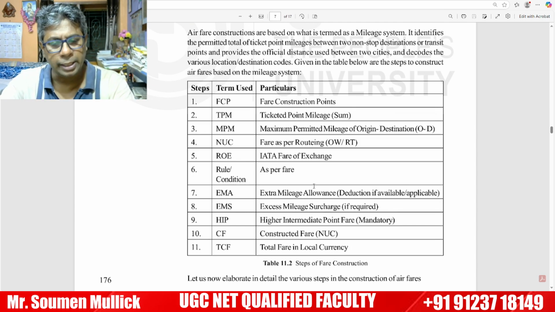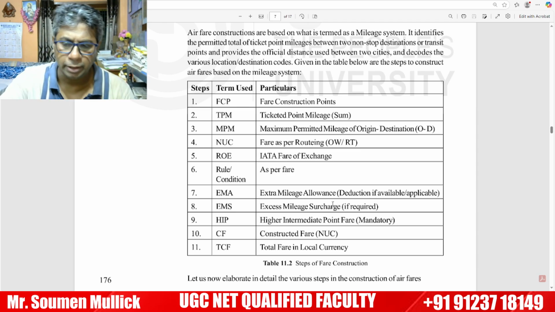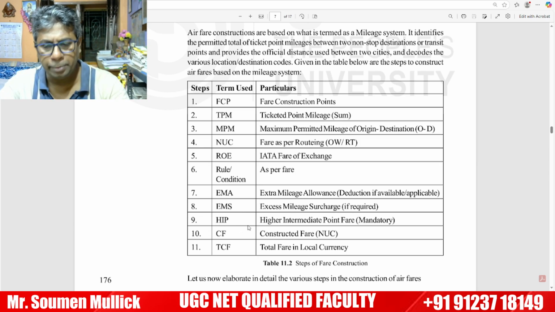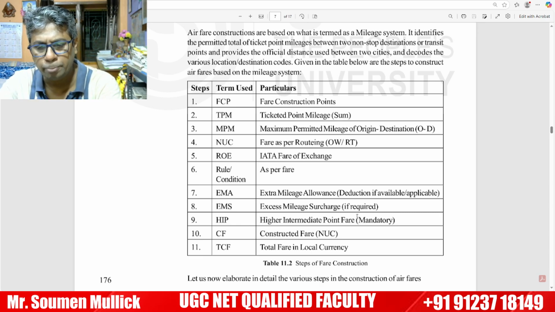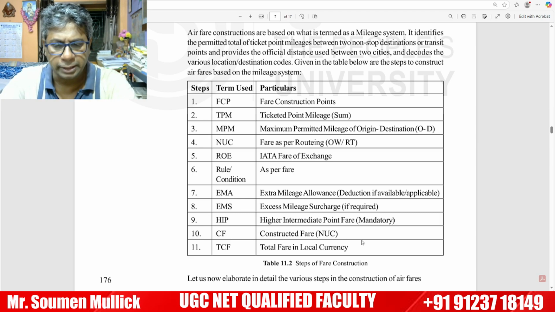Rule and condition as per fare. EMA, extra mileage allowances, deduction if available or applicable. EMS, excess mileage surcharge, if required. HIP, higher intermediate point fare, and CF, constructed fare, and TCF, total fare in local currency.